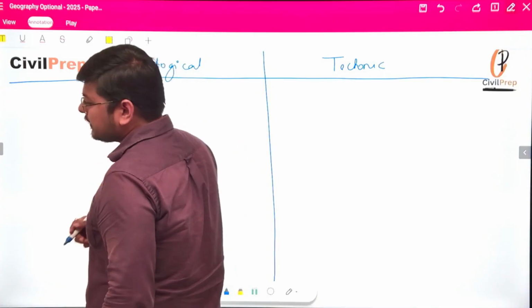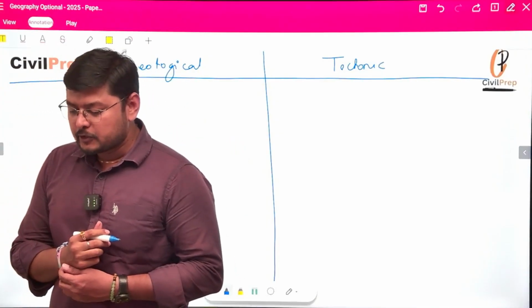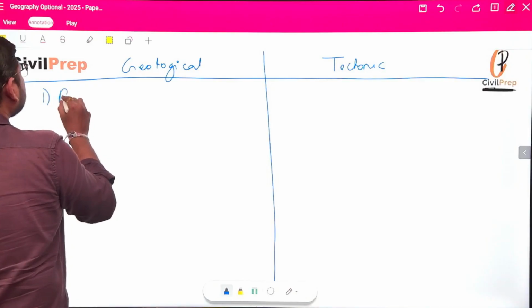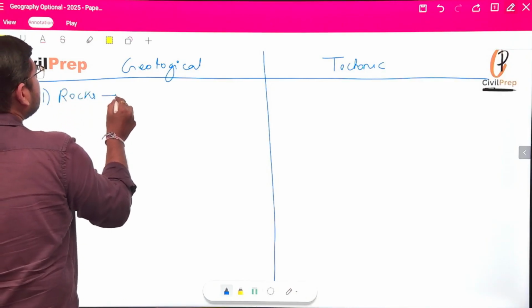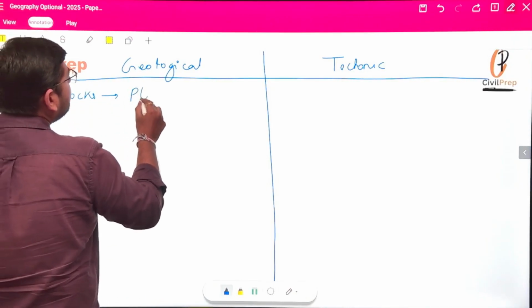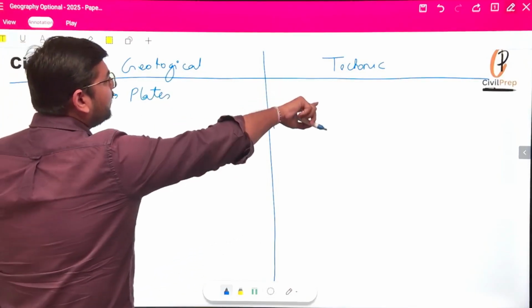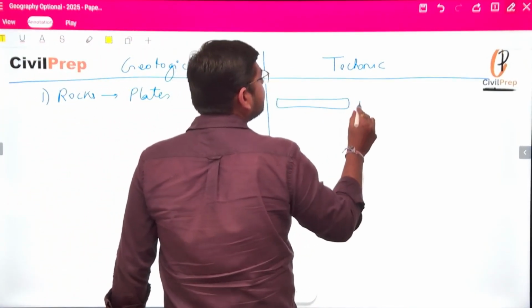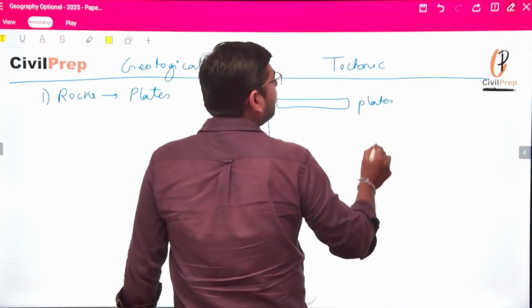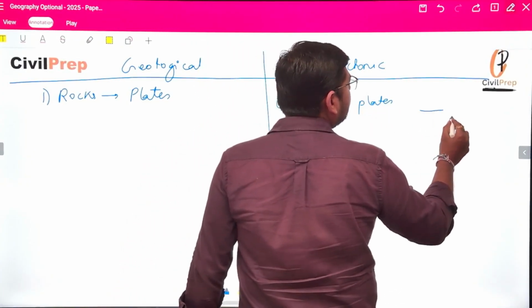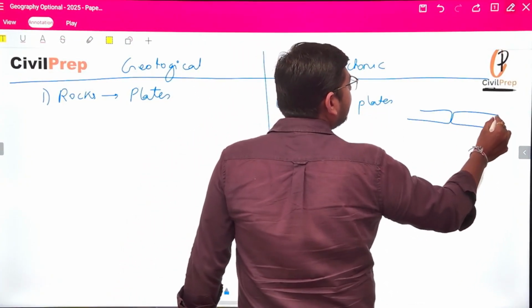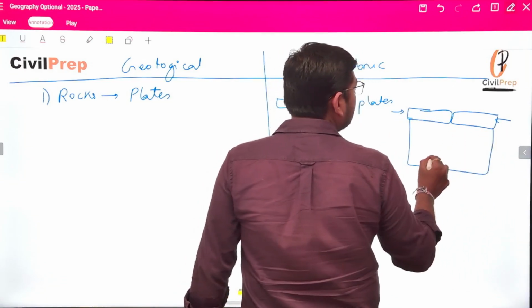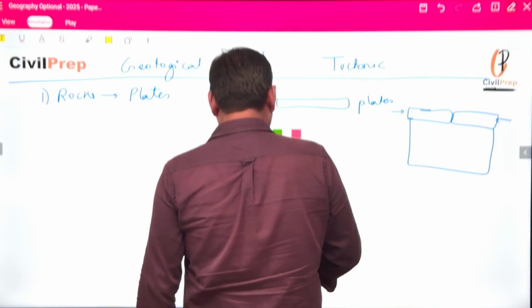So in this part, when we look at it from the geological perspective, this is basically one of the types of rocks, and these large rocks are classified under the plates. Now, under the tectonic processes, we'll be seeing that they are actually plates. And under the plate movement, when the two plates are colliding with each other, they are undergoing the process of convergence because of the convection currents.